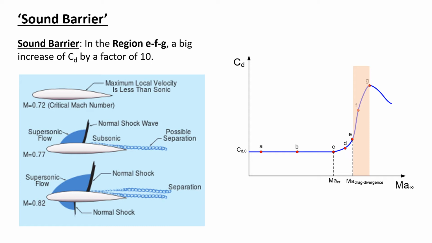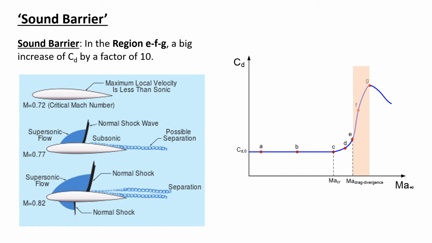But once the free stream Mach number increases, in this case to 0.82, we can see the normal shockwave over the top surface is even stronger, and there's considerable flow separation over the top surface. Moreover, over the lower surface, a shockwave appears. So in this case, it will produce even larger drag for the aircraft or for the wing. So this is the definition of the sound barrier.